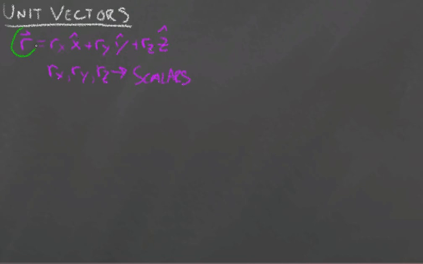But we know that r is a vector. So that means x hat, y hat, and z hat also have to be vectors. And in fact, these, as we've mentioned, are called unit vectors. And in this case, unit just means 1.